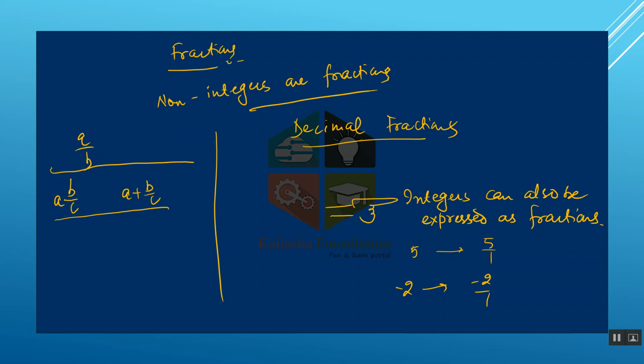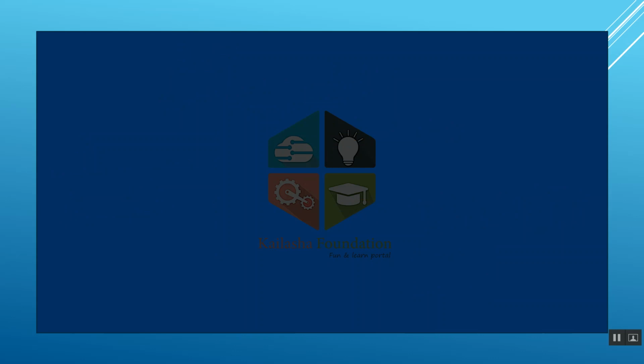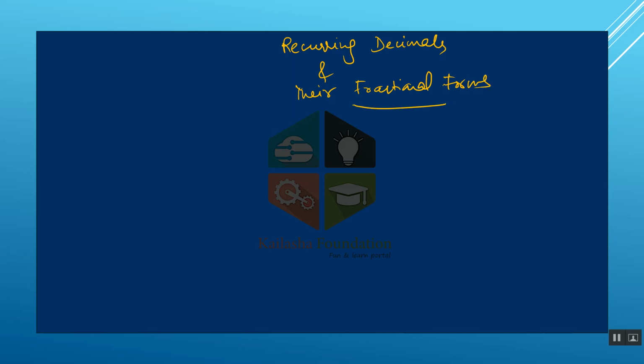When we study decimals, we automatically come to a topic: recurring decimals and their fractional forms. For example, 2.3 can also be written as 2.3333 and so on.